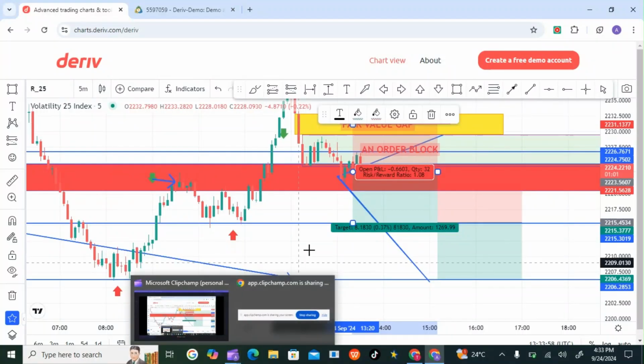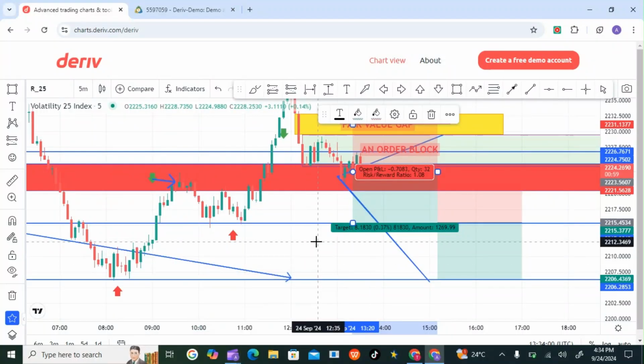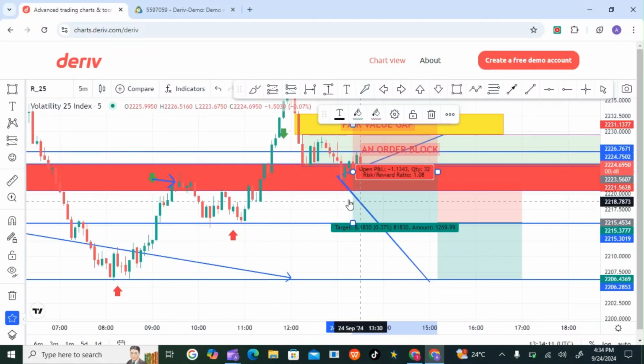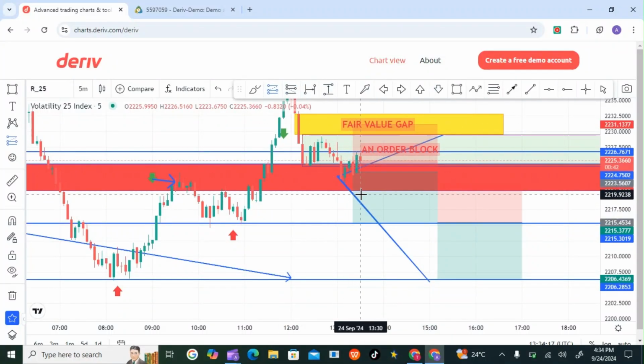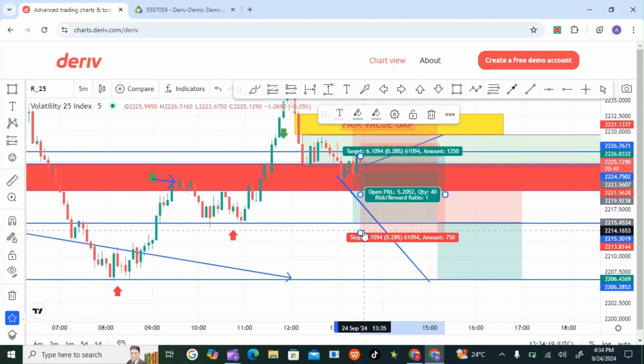I've shown you how to take trades and how to analyze, very simple, just step by step, looking at those major things. And immediately, guys, this trade will cross this zone. You see, this will be the best zone to enter whenever you see a confirmation.